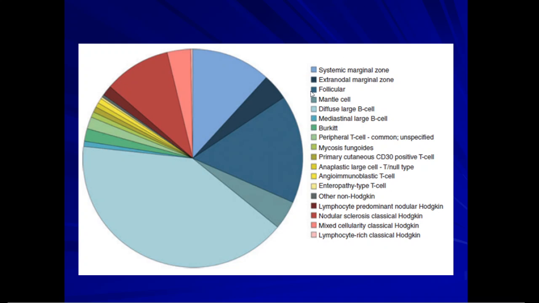So, this is a list of lymphomas. Actually, this list is not complete. According to the WHO classification, World Health Organization, there are around 200 types of lymphomas.